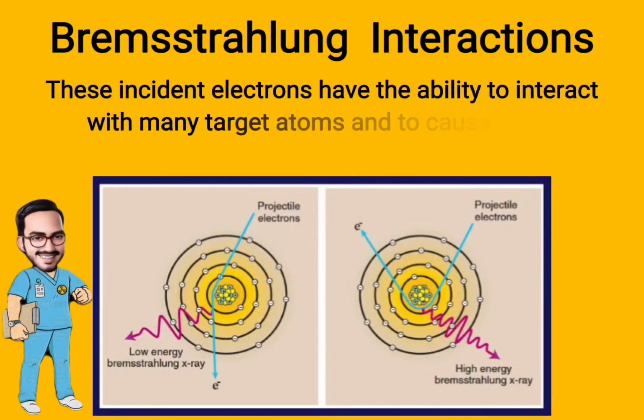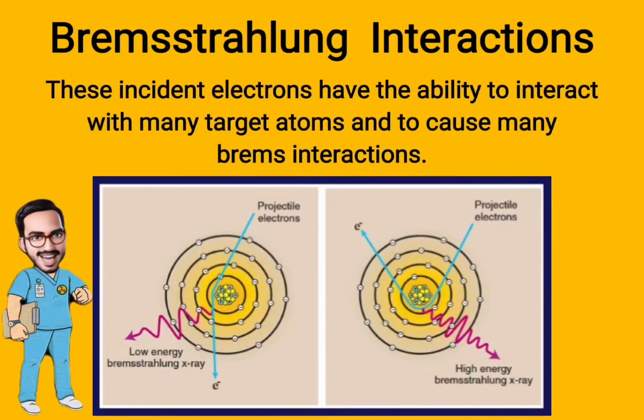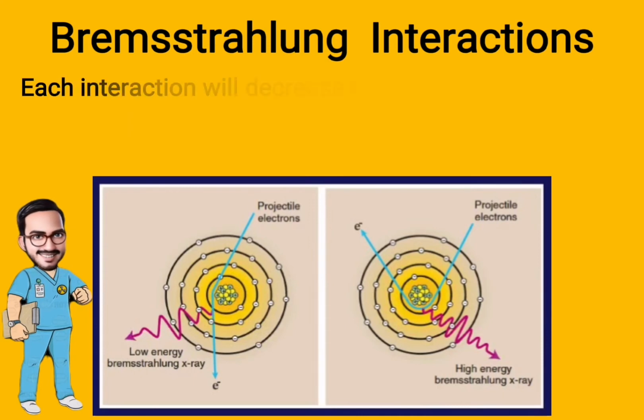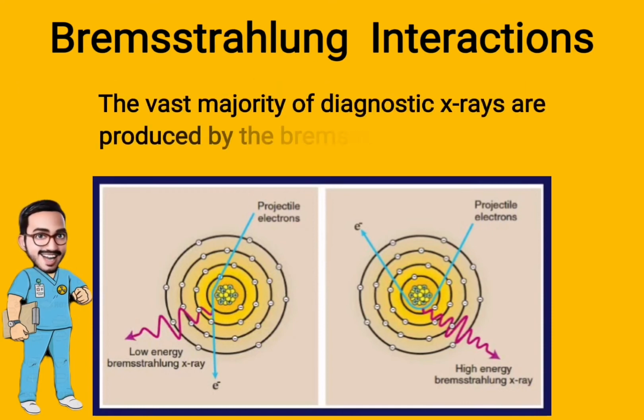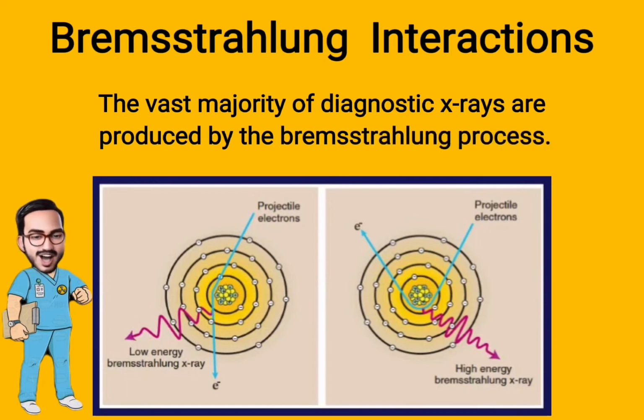These incident electrons have the ability to interact with many target atoms to cause many brems interactions. Each interaction will decrease the kinetic energy of the incident electron until the electron has no more kinetic energy and drifts away to join the current flow. The vast majority of diagnostic X-rays are produced by the Bremsstrahlung process.